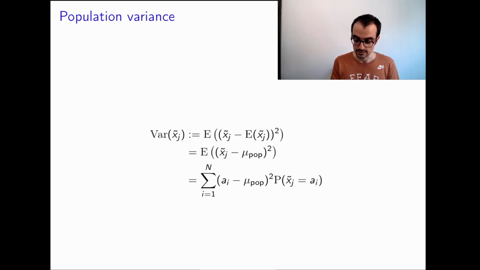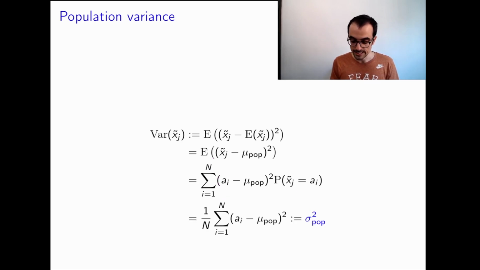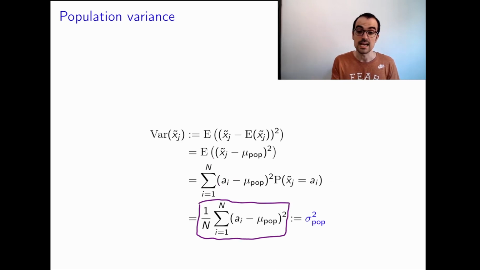This is just equal to 1 over n. So essentially what we get is the variance of the whole population, meaning the average of each height minus the mean height in the whole population, squared, divided by the total number of people, either in New York or in the population of interest.